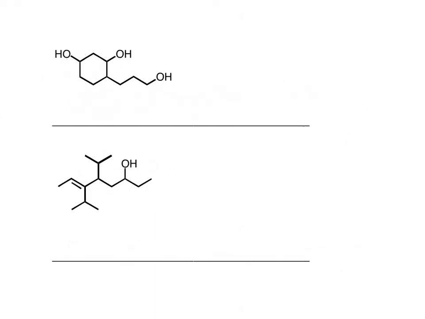Okay. Now this next example looks a little bit intimidating, but let's just go ahead and identify the parent. The parent is going to be the ring that I'm circling in green. That ring is a diol. So we have a diol parent. That means that our substituent, and let's circle it in red, is that thing right there. So it is 3 carbons long.